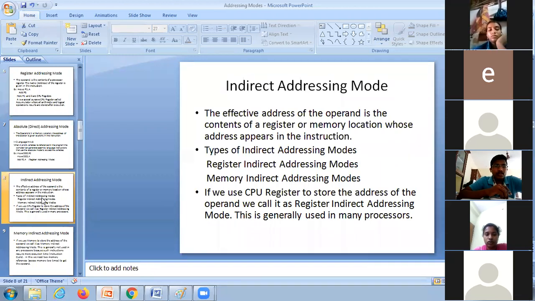That means where the operand address is available at the HOD. That is called indirect.